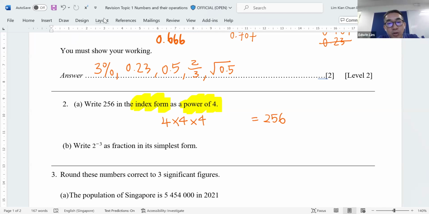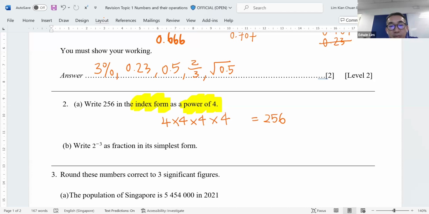If you use a calculator, you just press in 4 times 4 times 4 times 4 times 4, 5 times, you get 1024. But if you use 4 times 4 times 4 times 4, 4 times, you will get 256. But how do we write it in index form?